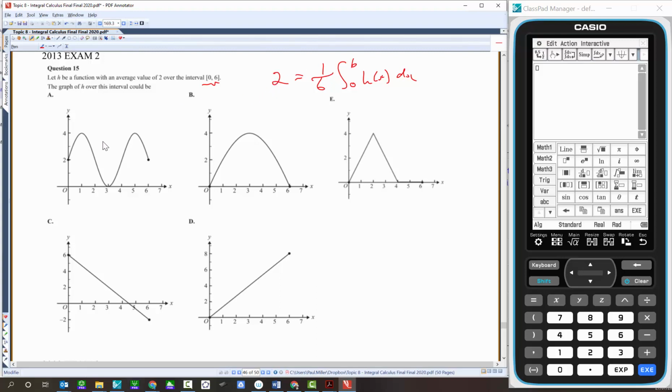Remember what that means is the average value is the height of a rectangle drawn between the endpoints, which is x equals 6. So it's saying that the rectangle would have a height of 2. Now you can see fairly quickly that this would not work out for this function.